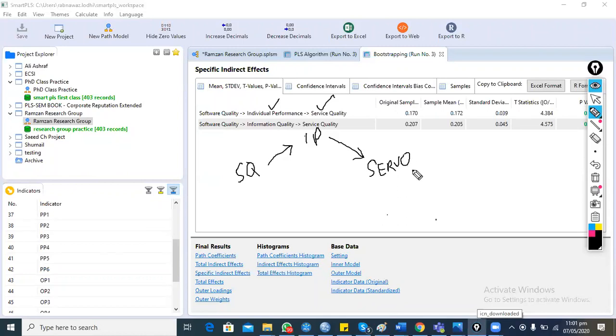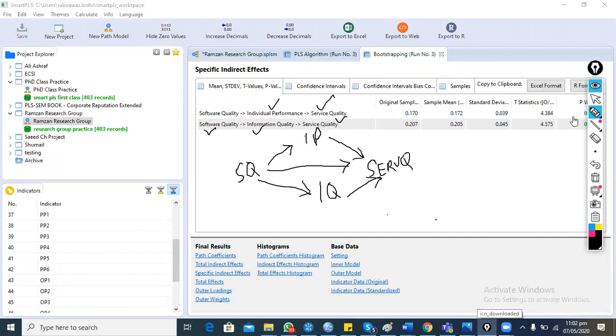The second mediator: software quality on information quality, and its impact on service quality. Service quality is the common dependent variable. So these are the indirect effects. We cannot say that the direct relationship is also here. I would like to remove this direct effect, because in this particular area the software is only showing the indirect effect, not the direct effect.